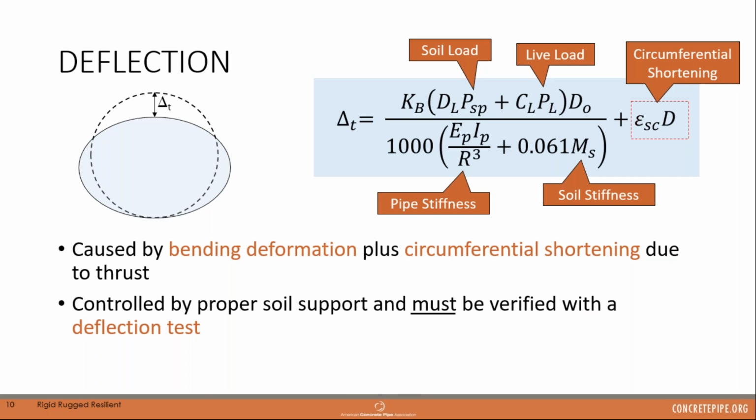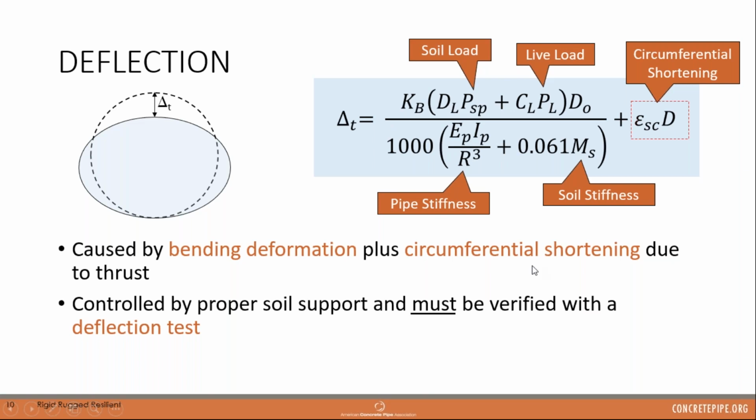So LRFD actually states in its commentary that contracts that engineers assemble need to place the responsibility for deflection control on the contractor. So to verify that the pipe was installed accurately to the assumptions used in the design, we strongly recommend using deflection measurements to verify that the proper embedment and soil structure has been established.